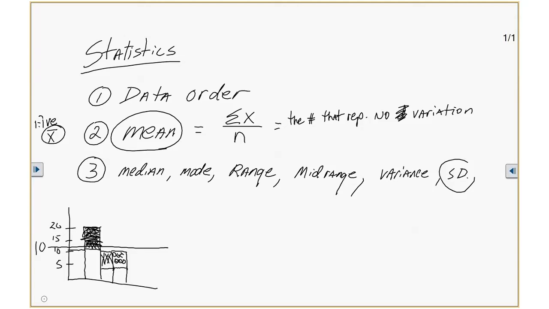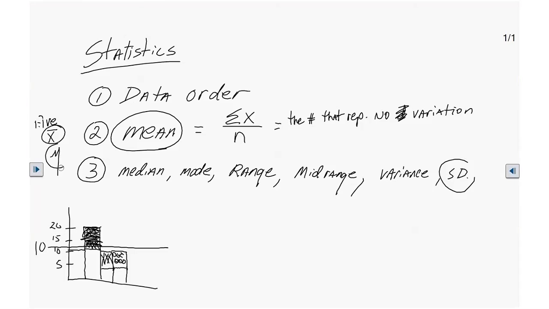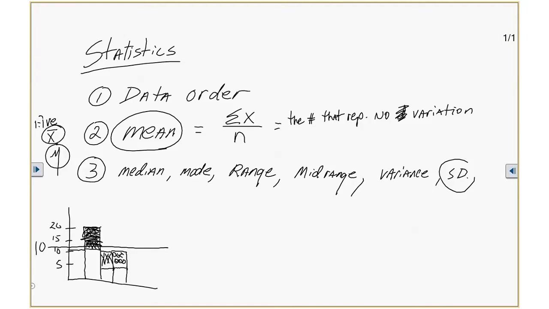If it was a parameter for the population, it would be called mu. Mu is the population mean. It's a parameter. Greek letters are population parameters. Regular letters are sample statistics.